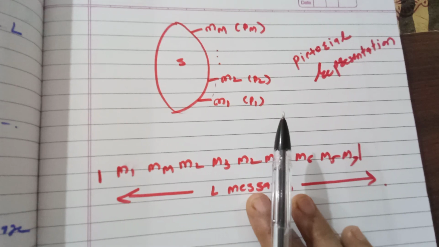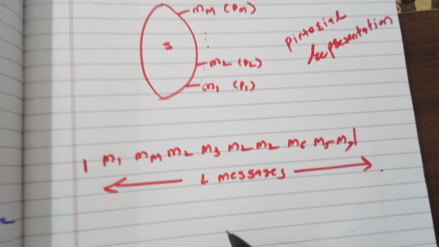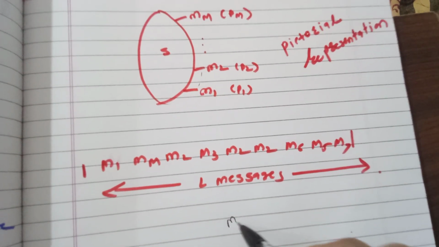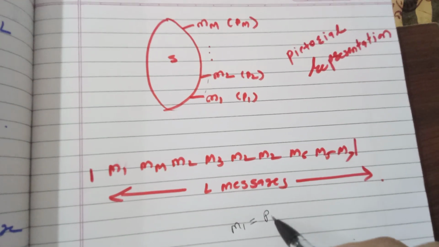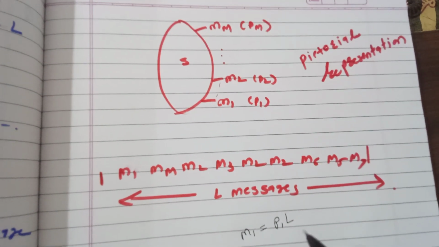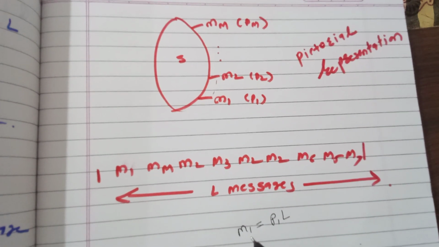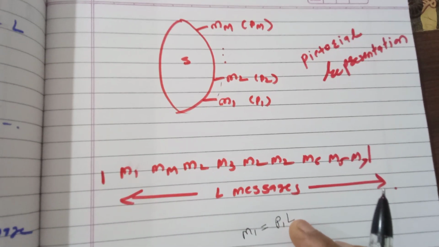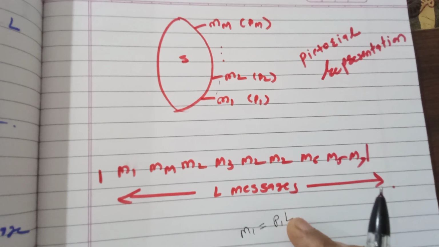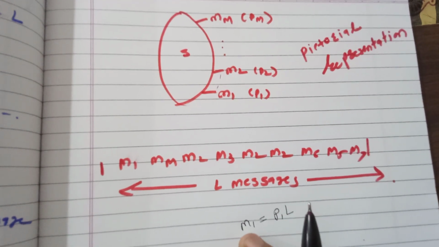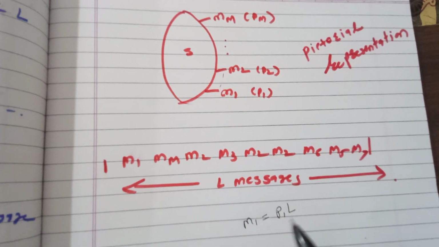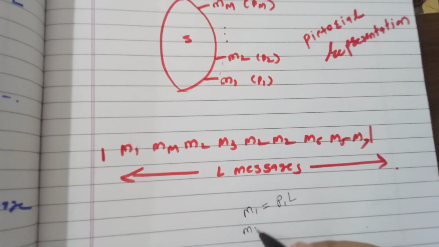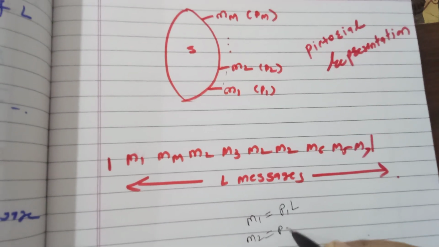So in these L messages, M1 occurs P1 into L times. Total L number of messages are there, so M1 occurs for P1 into L times as per its probability, and M2 occurs for P2 into L times.